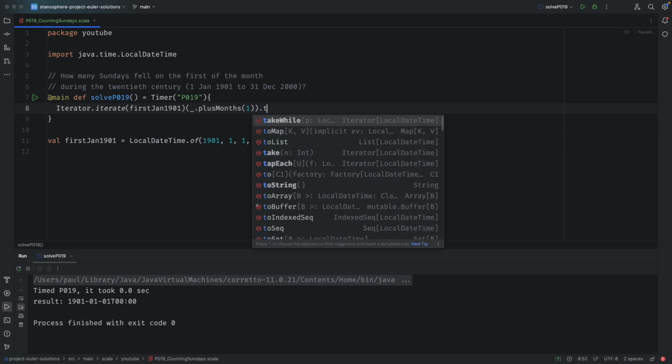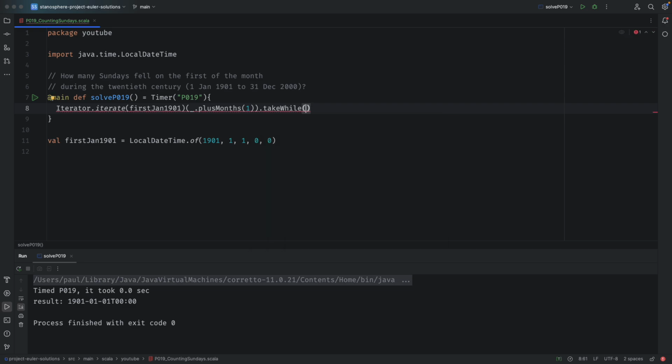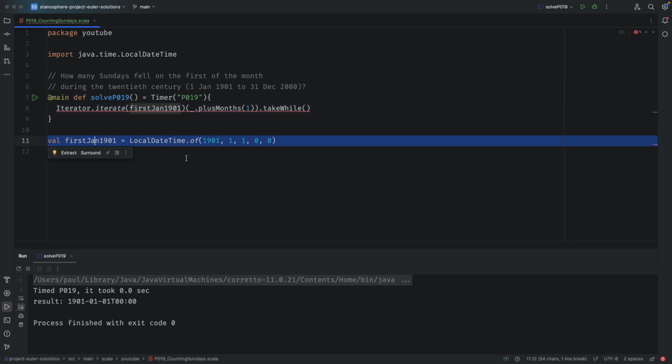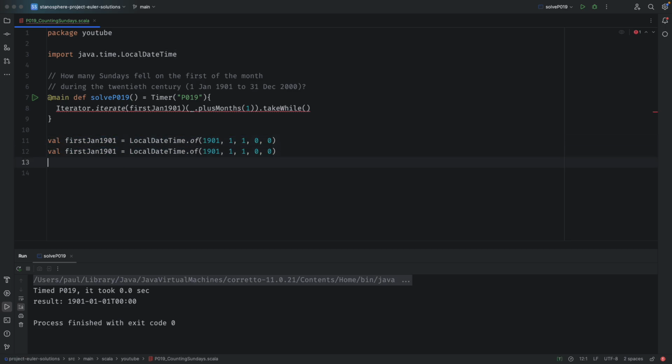So we're going to have to make sure that we don't go past the time that we want. So let's just put that as a value. That's a good point. With these Scala worksheets, I thought I'd have to make these lazy, but I don't, do I?